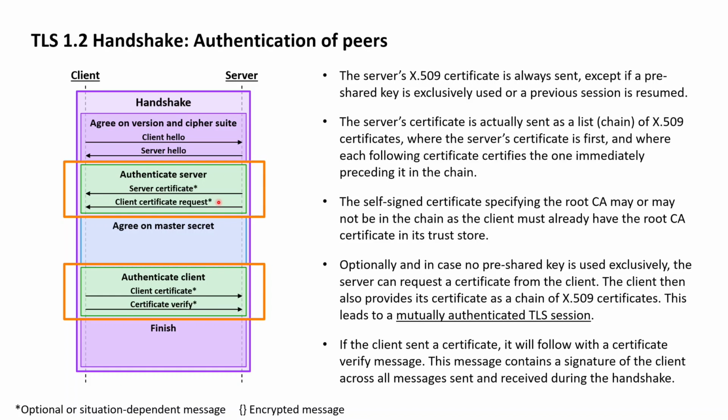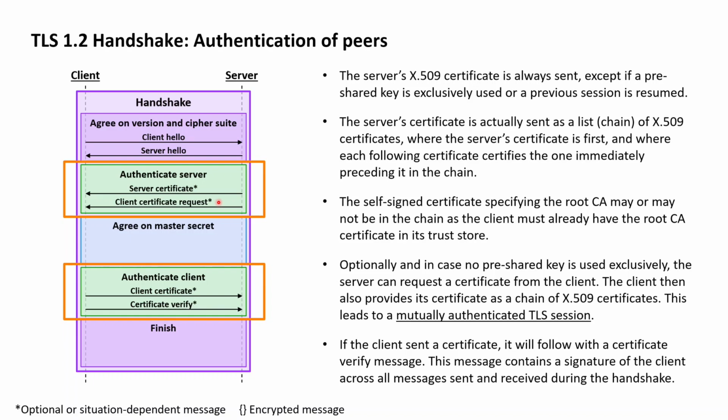The client, receiving the chain of X509 certificates from the server, needs to verify this chain according to the X509 certificate chain validation semantics as defined in RFC 5280. If the verification of the server X509 certificate fails, the client will alert and the TLS session will close.